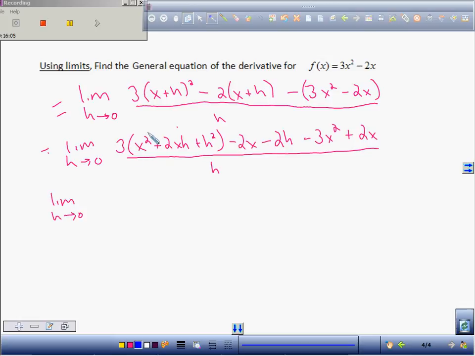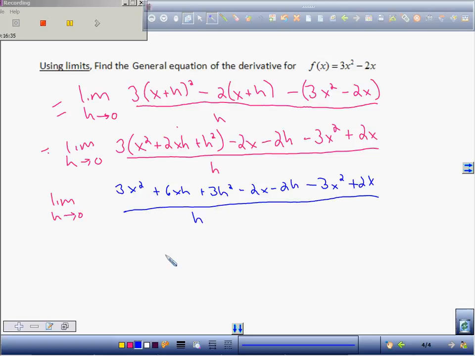Yeah, I better do this. 3x squared plus 6xh plus 3h squared minus 2x minus 2h minus 3x squared plus 2x over h. Now you can cancel out the two x's as well. Okay, good. So this goes away, right?